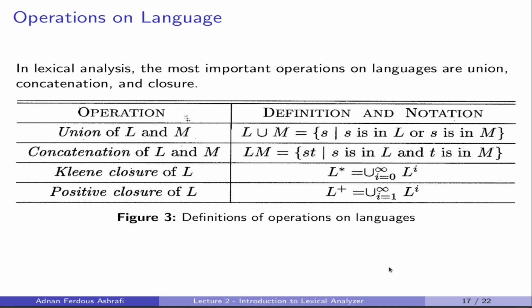And finally is positive closure of L. Positive closure of L means one sub pattern can be repeated one or infinite times. So for example, if I have a character Li, and I represent that character 0 times, that's a clean closure. If I repeat it infinite times, that's also a clean closure. It will be a positive closure if the Li-th character is there at least once, or infinite times. Okay, so we will see these applications in our patterns or languages.